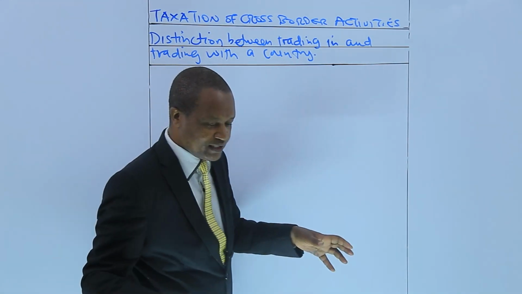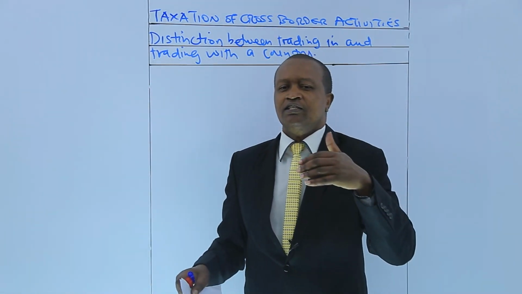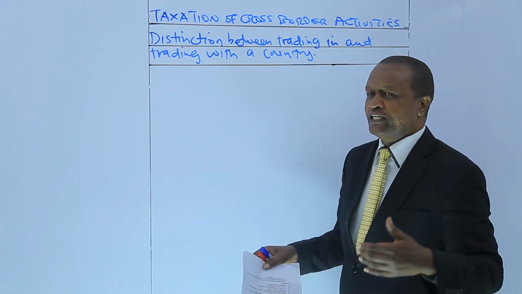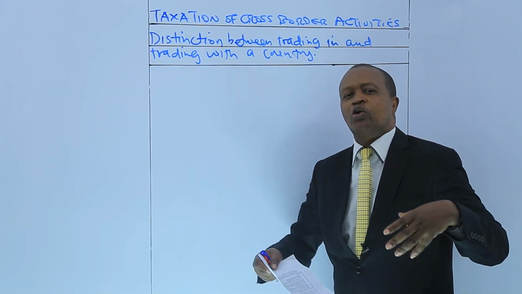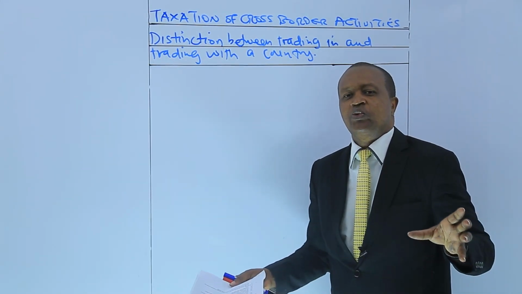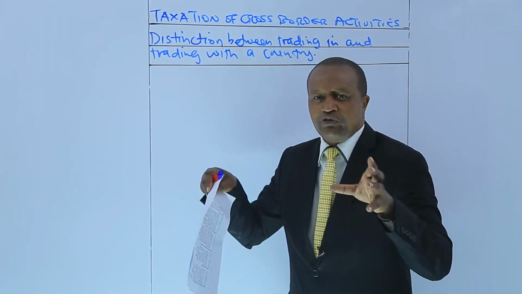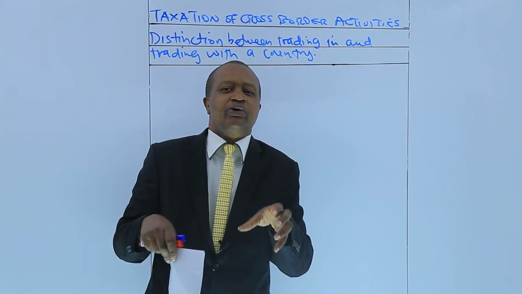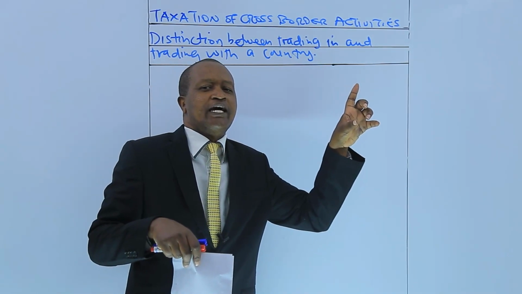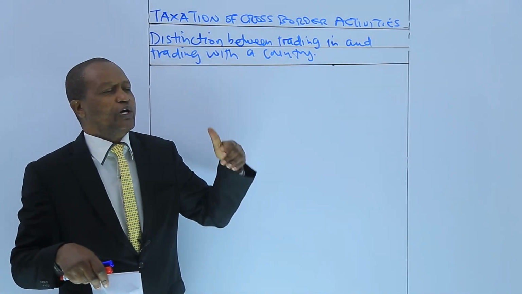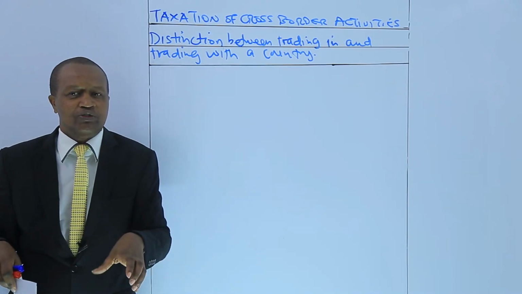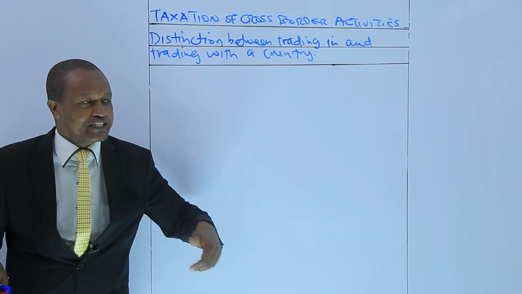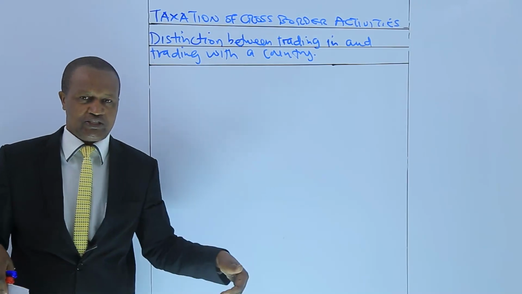And in summary here, candidates, trading in a country implies conducting businesses within the local boundaries of that nation, while trading with a country refers to engaging in commercial activities and transactions between entities located in different countries.